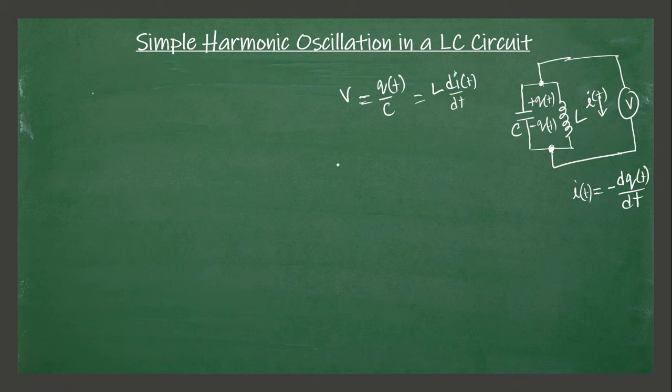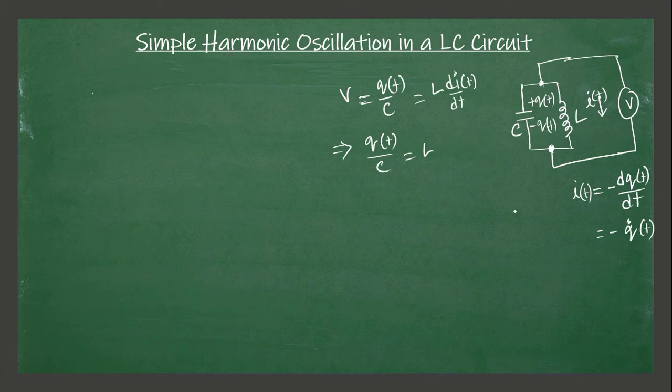So what do we have here? Well, on the left hand side we have Q, function of time, over C, and on the right hand side L times the derivative of the current. Now, the current I is minus this quantity. We can write this as minus Q dot of t, right?